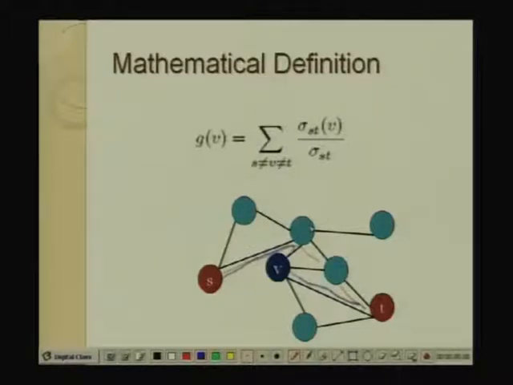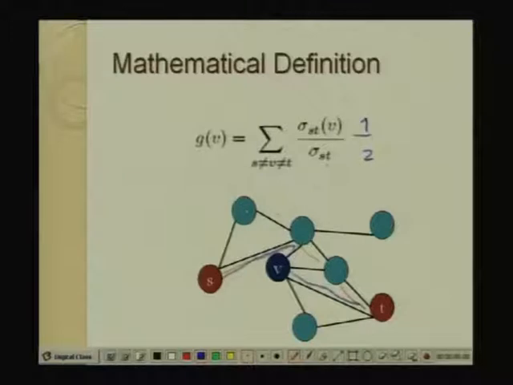If you look at this mathematical definition, you are counting the number of shortest paths between S and T. Here it is 2, so this part will be 2, and then you are counting how many of them pass through V. Here it will be 1.